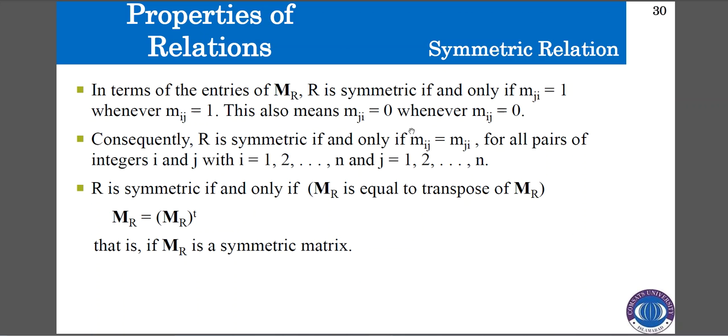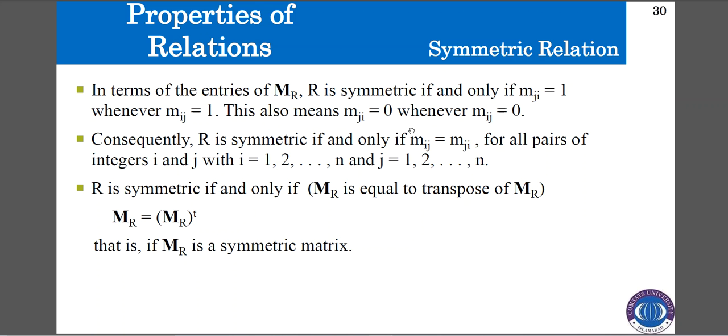Consequently, R is symmetric if and only if m_ij is equal to m_ji for all pairs of integers i and j with i from 1 to n and j from 1 to n. R is symmetric if and only if the matrix of R is equal to the transpose of the matrix of R. If both matrices are equal, then the relation built on that matrix is a symmetric relation. If the matrix is symmetric, then the relation will also be symmetric.